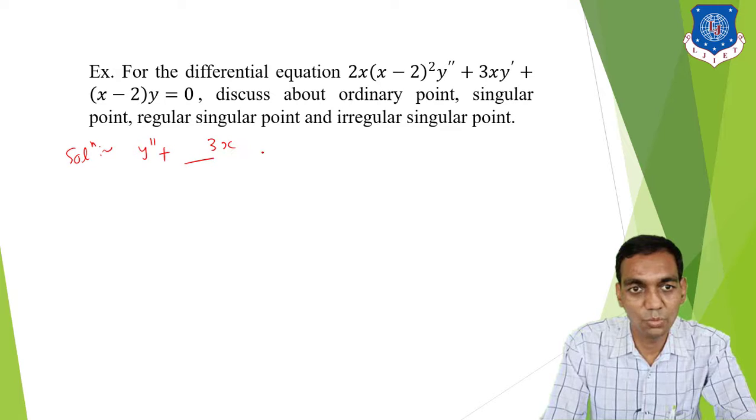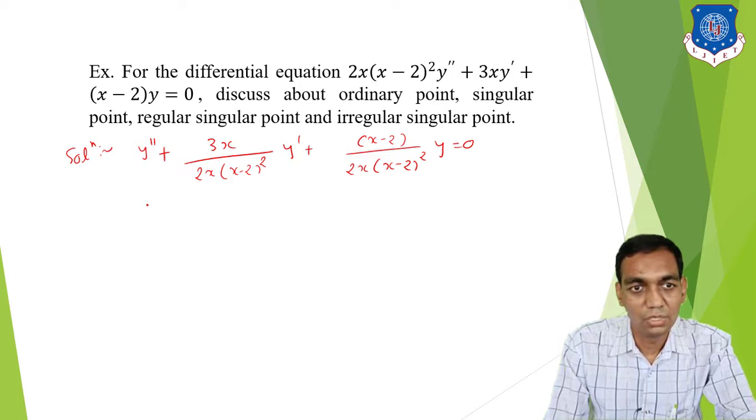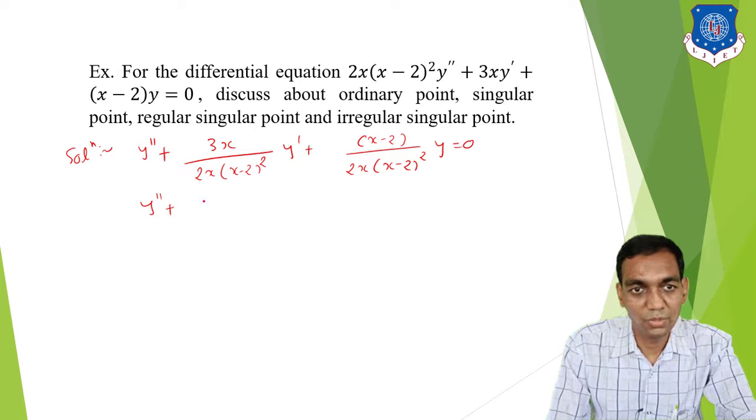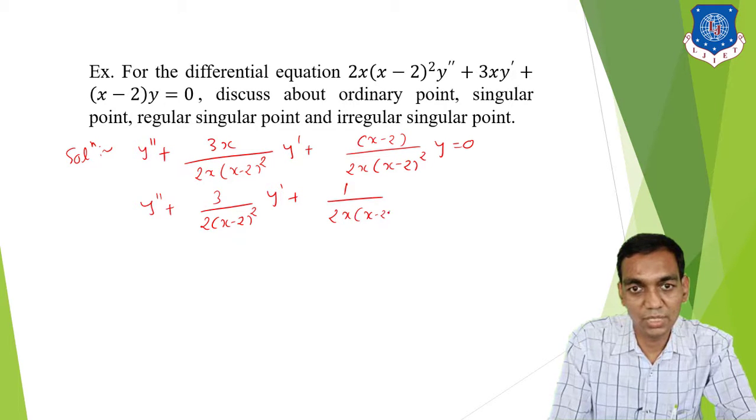So you have 3x upon 2x into (x minus 2) the whole square y dash plus (x minus 2) upon 2x into (x minus 2) the whole square y is equal to 0. If you are writing it in the simple form, then what you will have is 3 upon 2 into (x minus 2) the whole square y dash plus 1 upon 2x into (x minus 2) y is equal to 0.